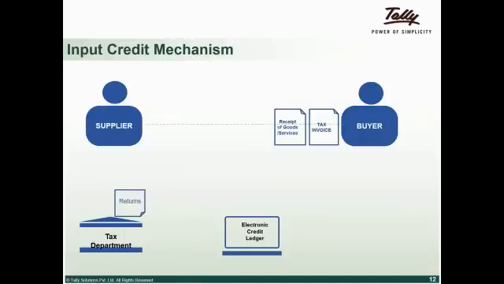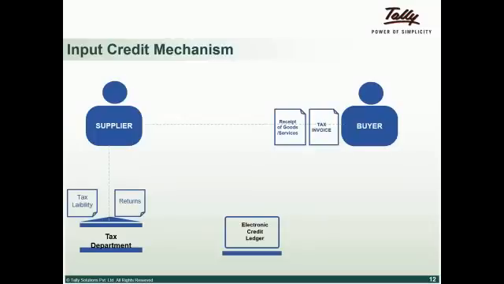So when you are filing your return, whatever TDS credit you have, only to that extent you can claim and reduce from your tax liability. We can relate it to get a visualization of what this electronic credit ledger or the cash ledger is, right?